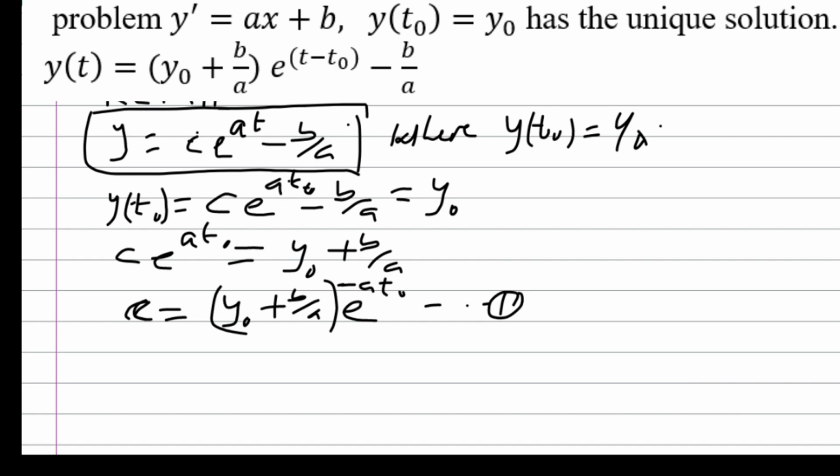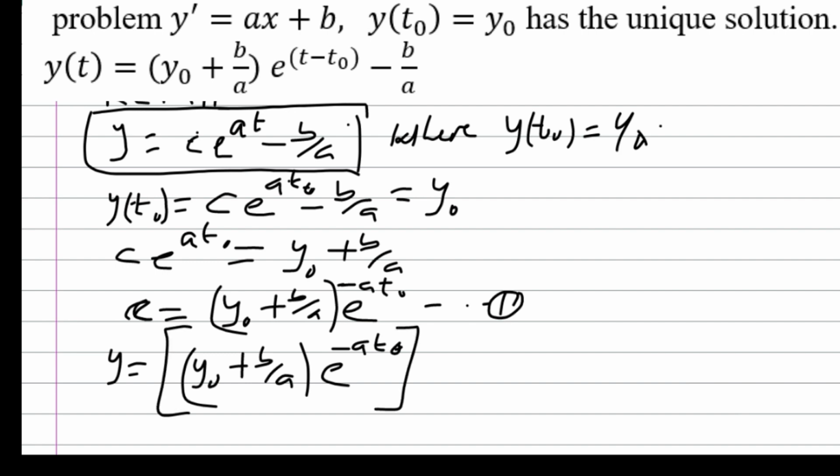So I have y now equal to c, and c is y naught plus b over a times e exponent negative a t naught, and all is multiplying e exponent a t minus b over a.